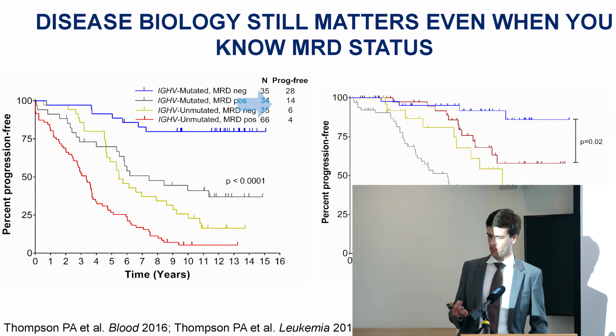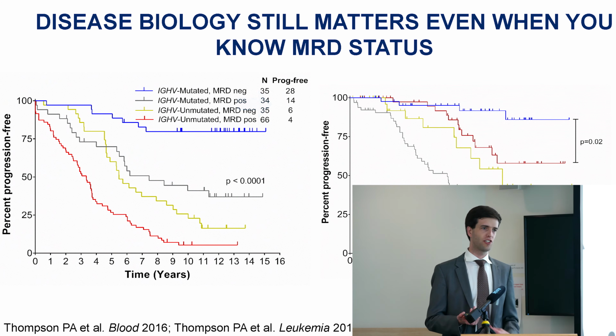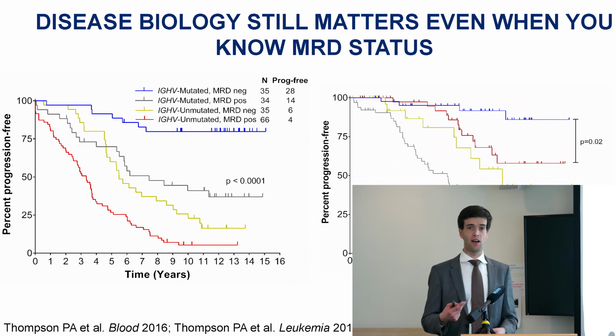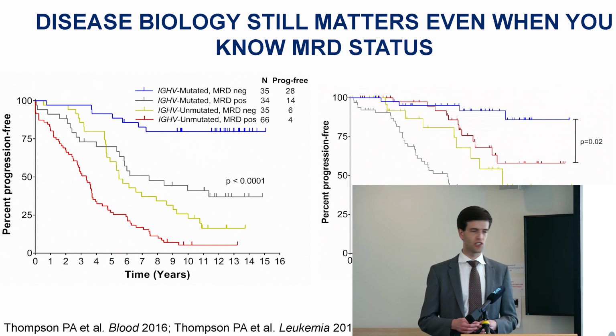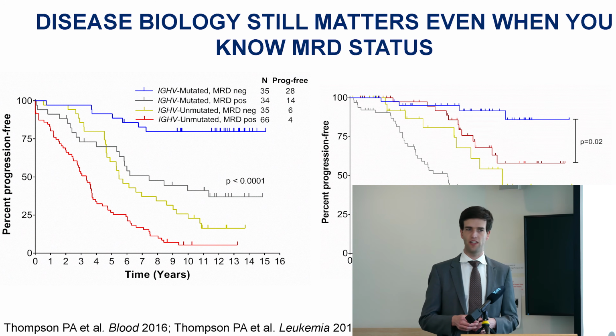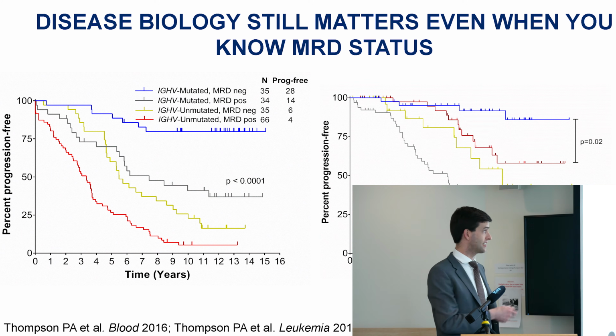That just means that the test has limitations in terms of how sensitive it is. But we are developing even more highly sensitive minimal residual disease technology that will be about 100 times more sensitive than the test that generated those data.